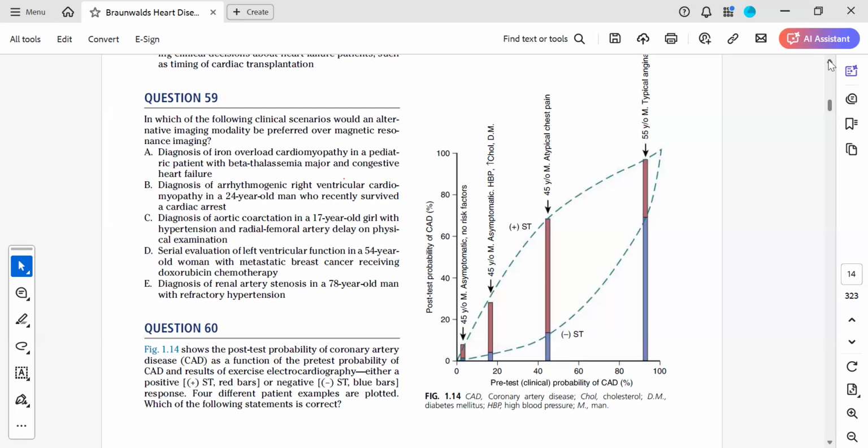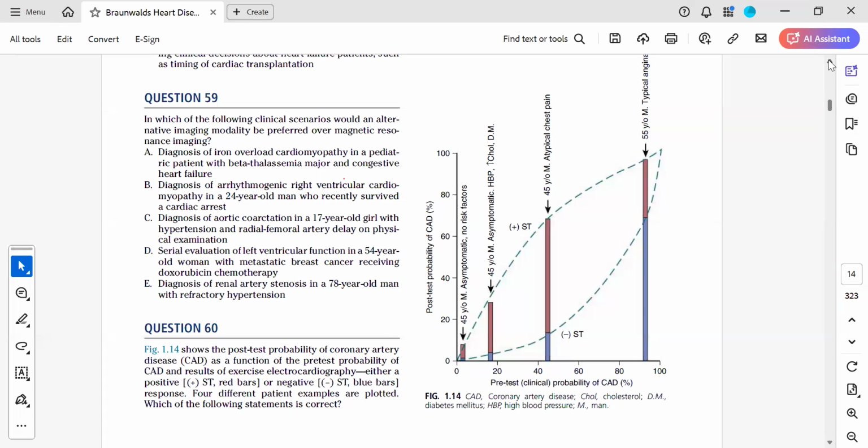A. Diagnosis of iron overload cardiomyopathy in a pediatric patient with beta thalassemia major and congestive heart failure. So this is false. In this group of patients, no alternative imaging modality is preferred over magnetic resonance imaging because it's used in diagnosing patients with iron overload cardiomyopathy.